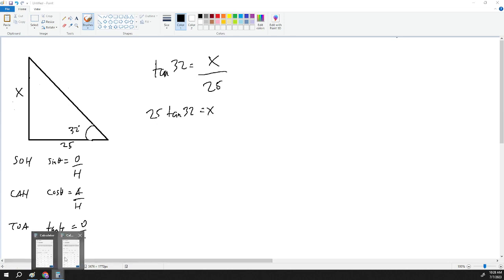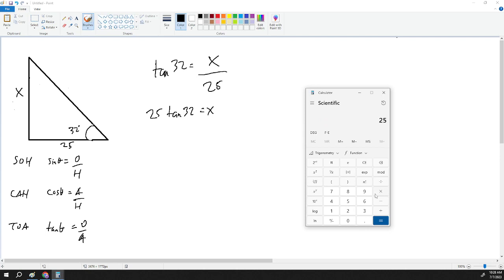X is 25 tan 32. Ano yung sagot niya dito? What is your answer here? Anyone? What did you answer for this number? Nahiya kayo.